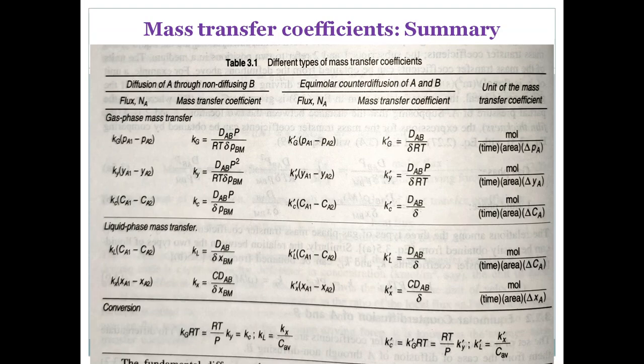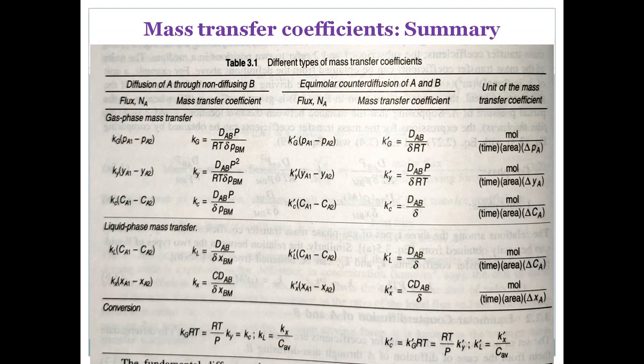They will say the mass transfer coefficient is 0.52 moles per time area delta P. If it is delta P, then you have to understand that the driving force is in terms of partial pressure. Sometimes they will not tell you, so you have to see the unit. From the unit also you can understand what the mass transfer coefficient is.